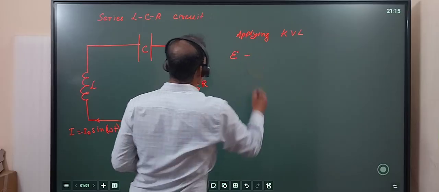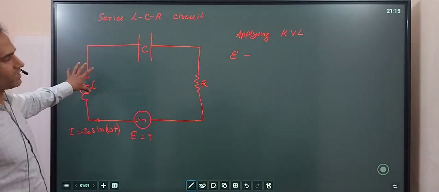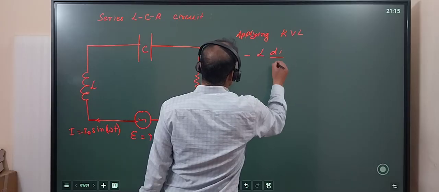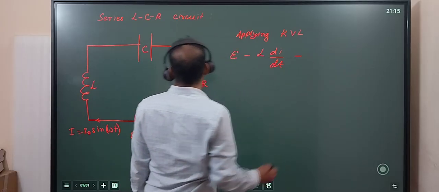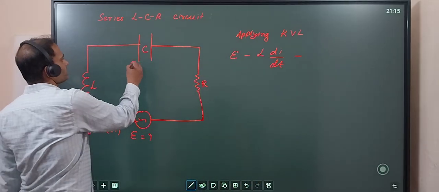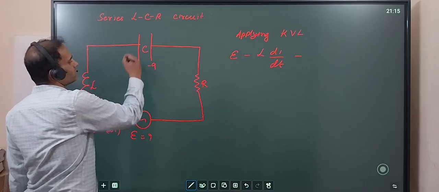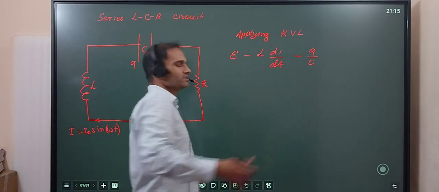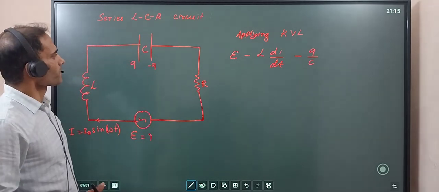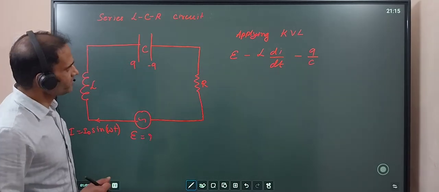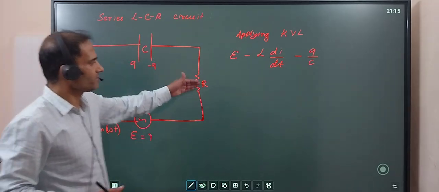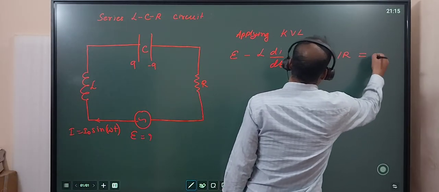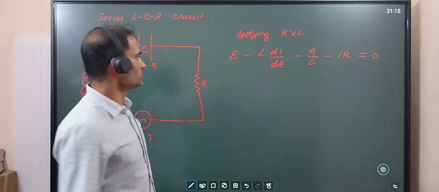Some voltage is consumed here, and that will be minus L dI by dt, and some voltage is consumed here, which will be minus Q by C. This is the voltage drop, and here the voltage drop will be minus IR, and the total will be 0.